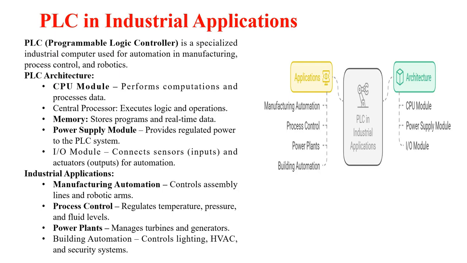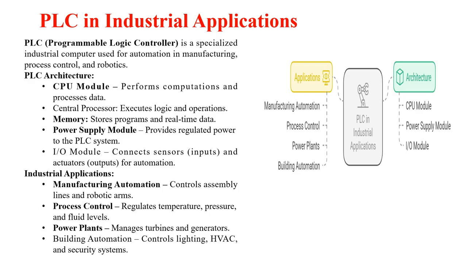Here is the architecture of the PLC. It consists of the CPU module. The CPU module has a central processor which executes the logical operations, computations, and decision making, and memory stores the programs and the real-time data for operations.